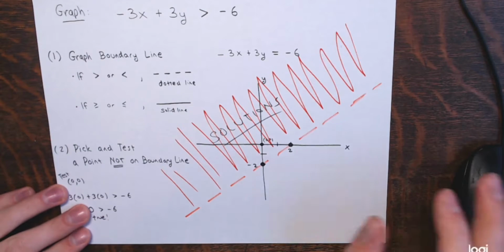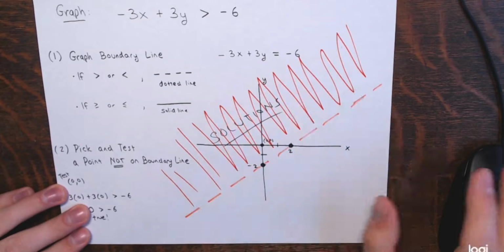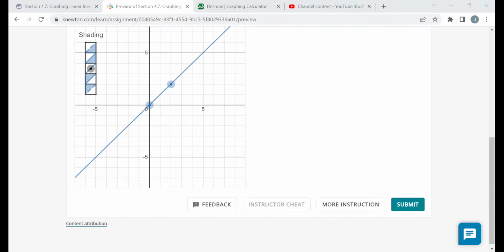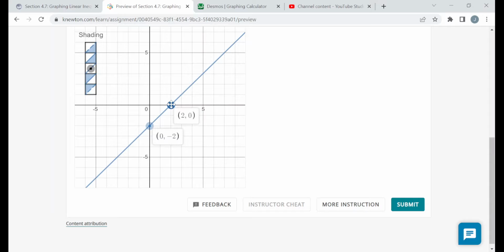All right, so now I want to make a picture like this in the assignment. They have you moving some stuff around. So move some points. We said 0, -2 is on the boundary line, and 2, 0. Just make sure I got the labels right. I want this to be a dashed line, and I want everything above it shaded.